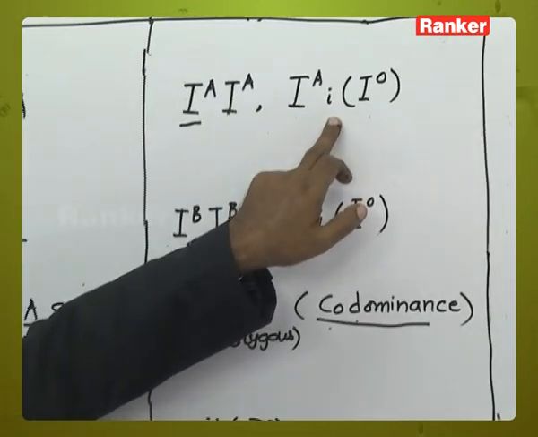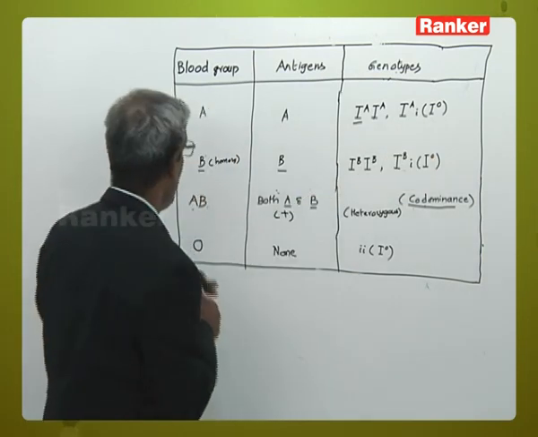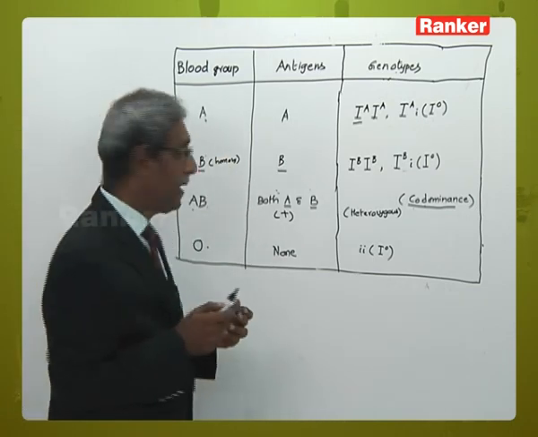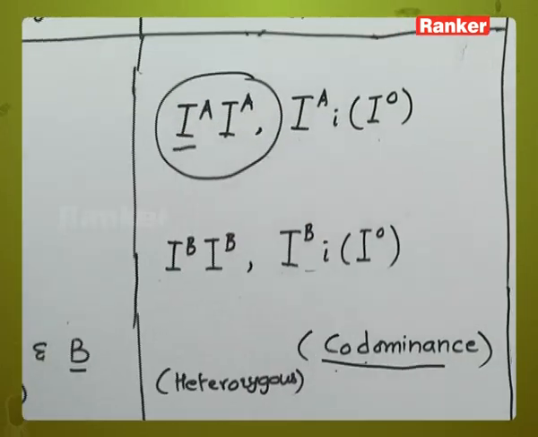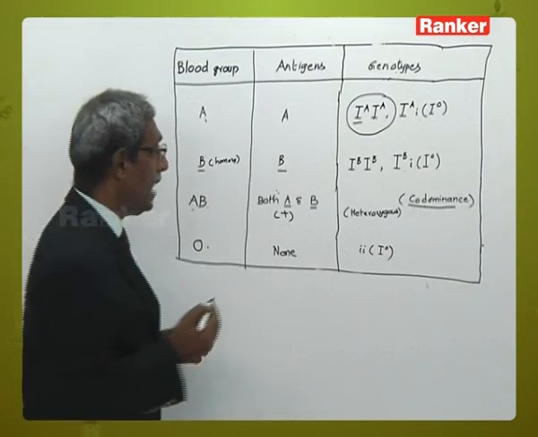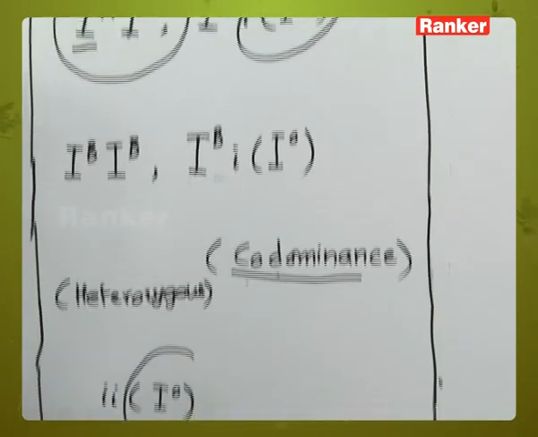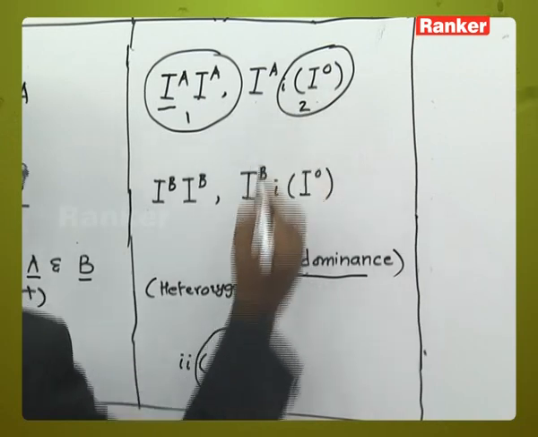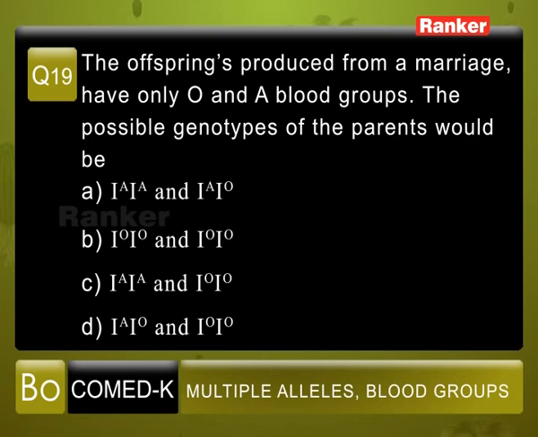So the possible genotypes of the parents, when O and A are the offsprings, are IA i and i i together. The combination of these forms one of the gametes, and the other two together form the second gamete. So this could be the possible type of the parents.